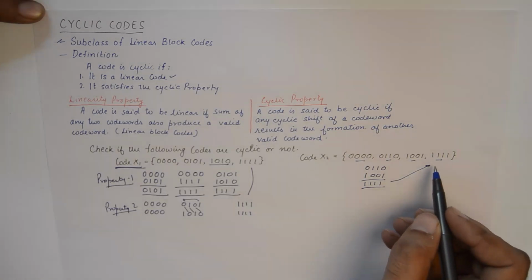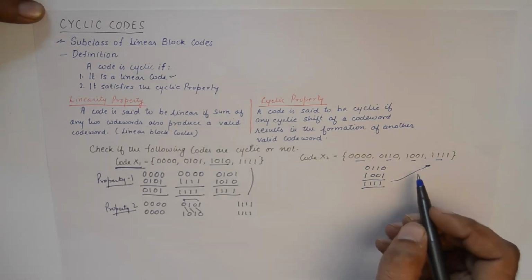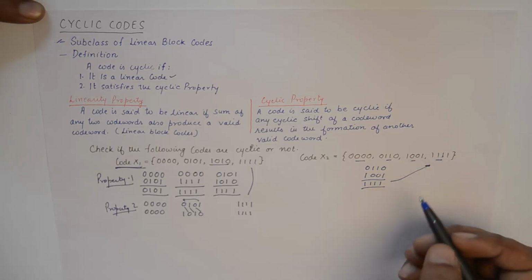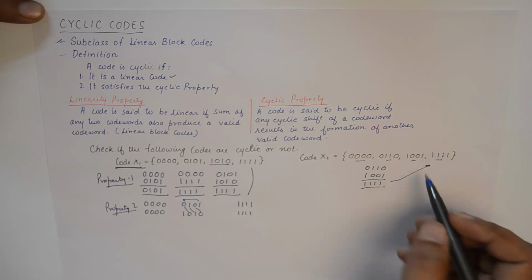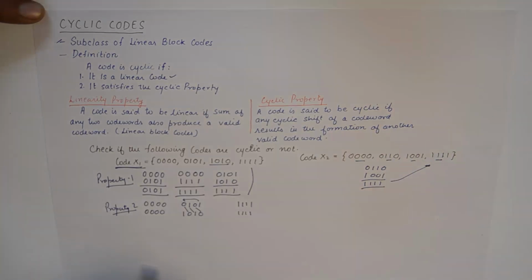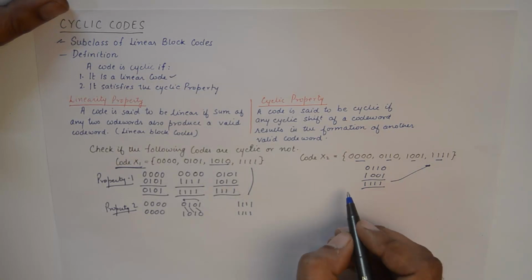But if we were to add this and this, we'll get this. XORing will get me this, and if we were to add this and this, we'll get this. So linearity is not a problem with this set of code words.